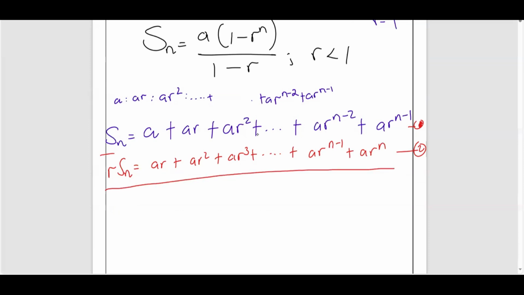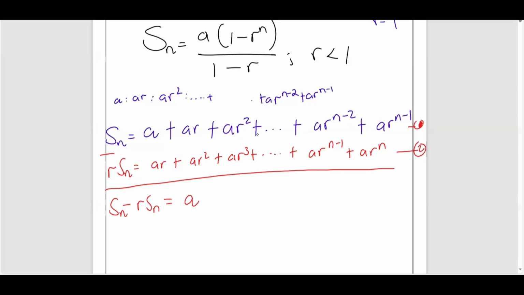So what I'll have is Sn − r Sn. This is equal to, now if I subtract, remember this a does not have anything common in the second equation, so the a will just remain.